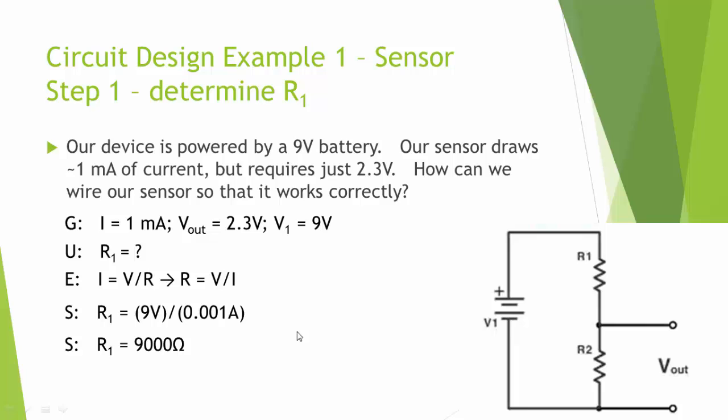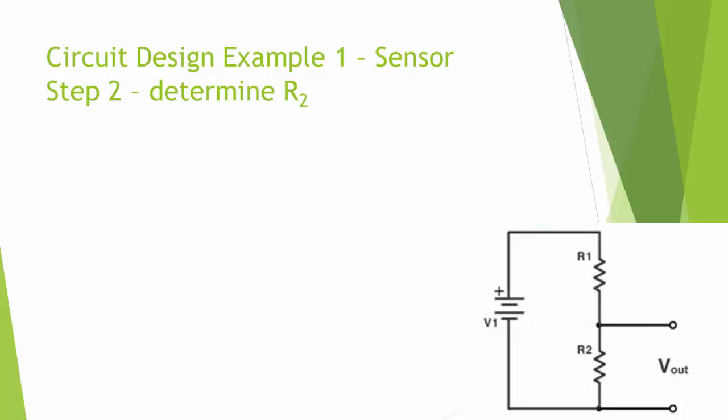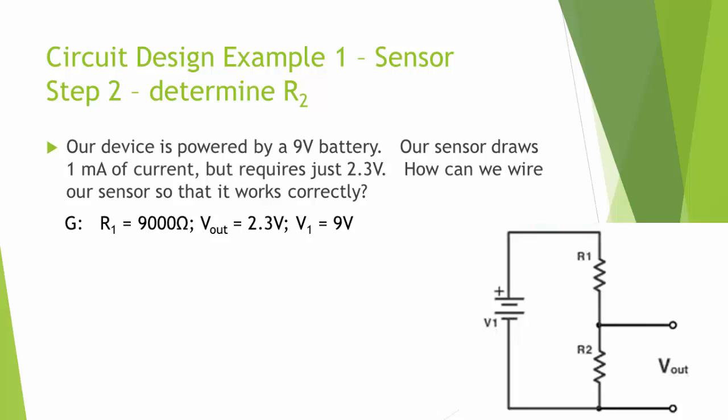So we choose something a little lower than that because our device is also going to have some resistance, and we'll be okay. For our purposes, we'll choose 9,000 ohms rather than specifying, say, 8,700 or something like this. Okay, the next step is to determine R2 for our overall implementation.